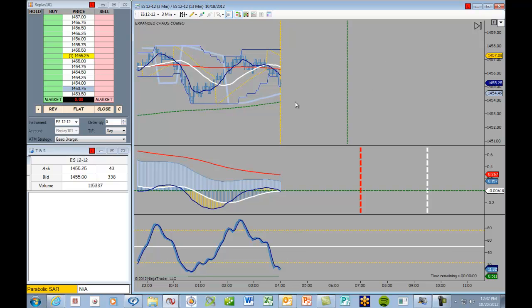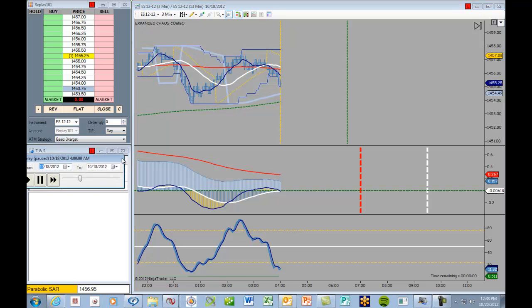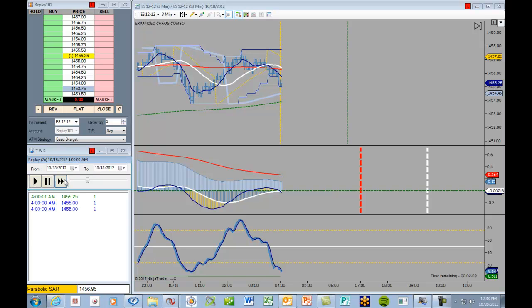Nothing really raring to go right now. We're coming down towards the trend definer. Let's just start up the data and see where it takes us. Okay, we flipped the longer term parabolic here.